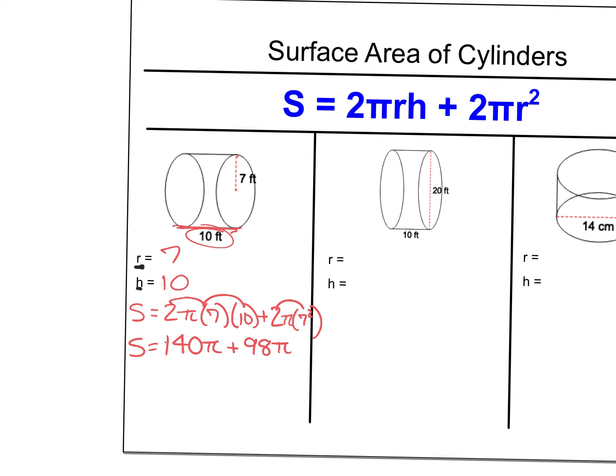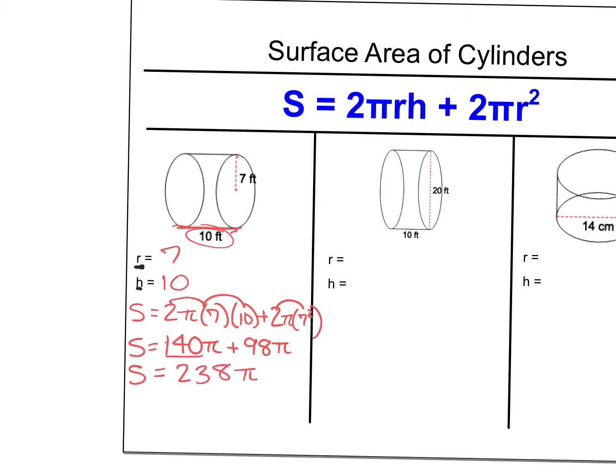All right, now the reason I did this is it's just going to make it a little easier for us to combine things and get a more accurate answer. So now I can add the 140 pi and the 98 pi together so that we will end up with a number that's a little easier to work with. So we're going to add these together and we end up with 238 pi.